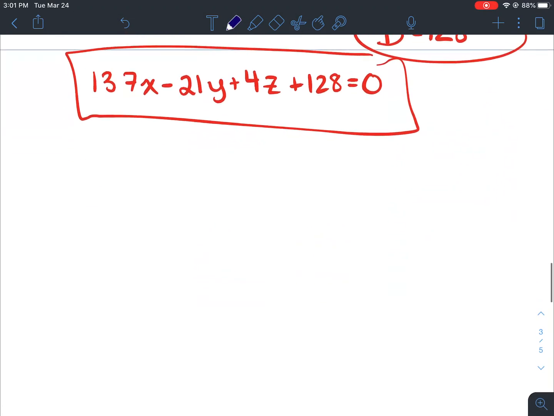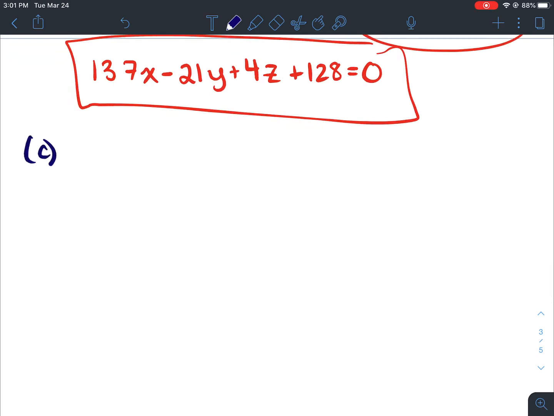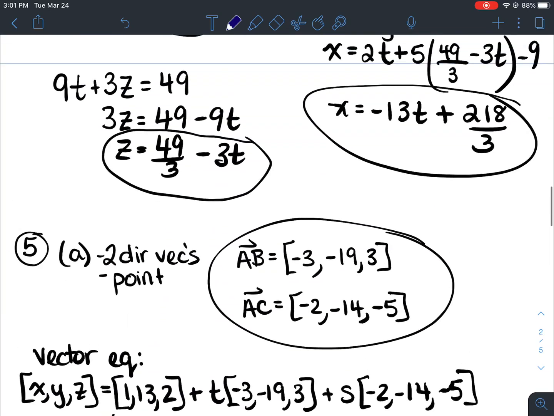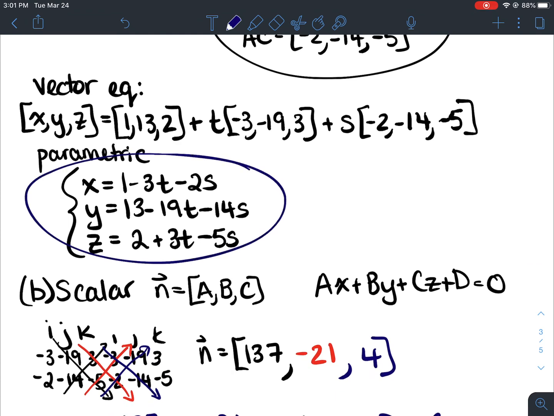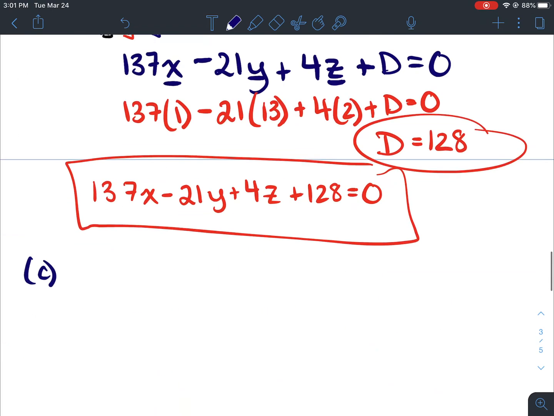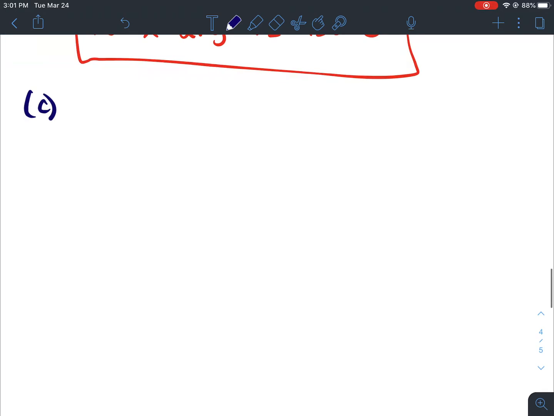Okay, final one, C. Determine 2 other points on the plane. I think your easiest bet here is to use your parametric equations and just pick any values for t and s. So there's an infinite number of answers here, but I would just use my parametric equations and pick easy values. Let's pretend t is 1 and s is 1.